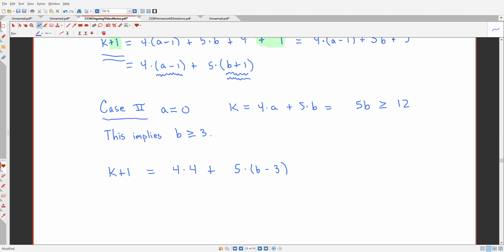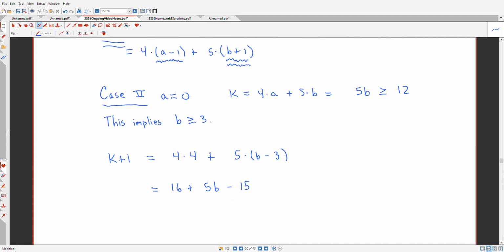And let's see why this is. This is just me working out some math. This is equal to 16 plus 5b minus 15. So when you work out that math, you're just going to get 5b plus 1.